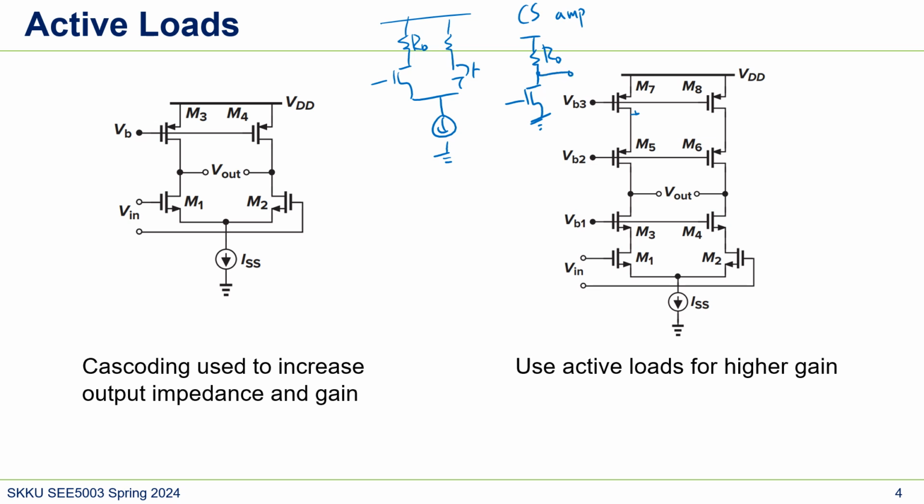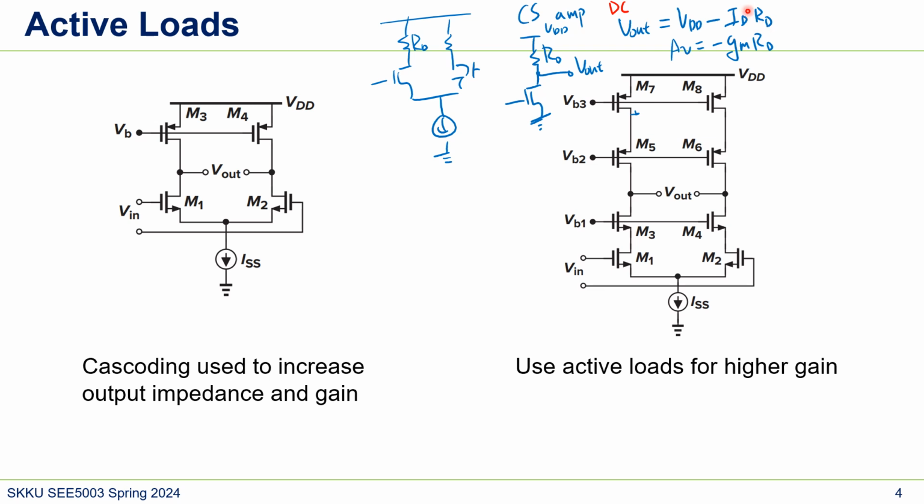Here Vout DC was VDD minus ID RD, right? And also the gain was minus gm RD. This is the DC voltage.